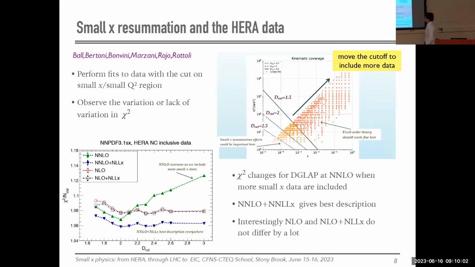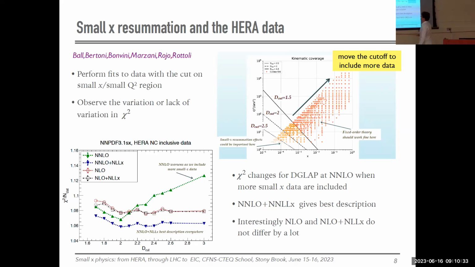So there have been several approaches, and in this calculation, what has been done, they compared fixed order DGLAP to DGLAP supplemented with a small x resummation. Something that I outlined before in a slightly different framework, but essentially the basic ingredients are the same.